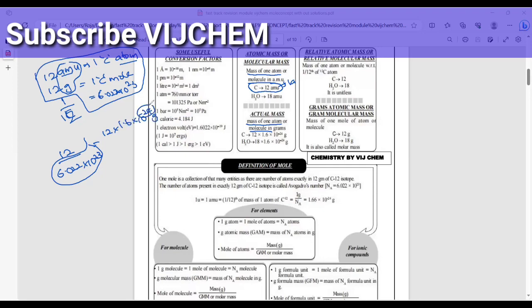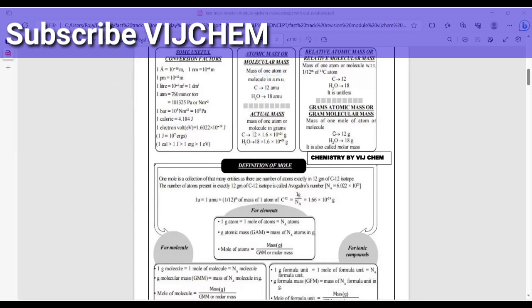See, minus 24 is there. That means the mass of an atom is absolutely very small when I express it in terms of grams. The same thing you can find out for the molecular mass also. As I told you, when you write grams, that is for 1 mole. So this is about gram atomic mass, gram molecular mass, and AMU.